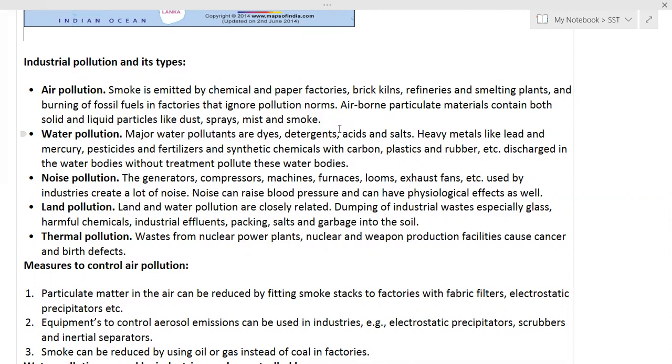Land pollution is caused by dumping industrial waste like glass, harmful chemicals and industrial effluents and packaging on the ground or soil. Thermal pollution: waste from nuclear power plants, nuclear weapons and facilities cause cancer and birth defects.